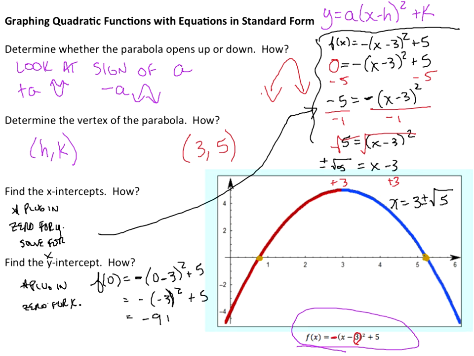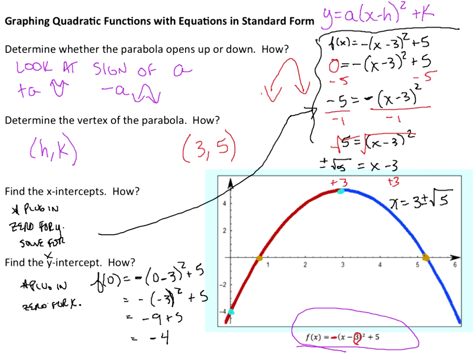Negative 3 squared is 9, but there's a negative out front, so that's negative 9 plus 5. And you get negative 4. And just to point out, once again, this is a y-intercept that we just found. And if you look at the y-axis right here, it's where the function crosses the graph.